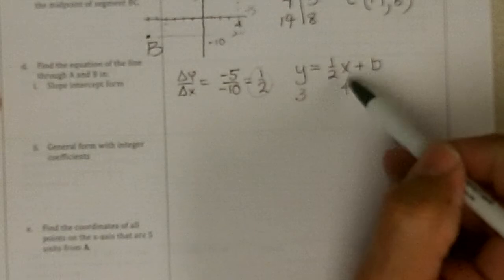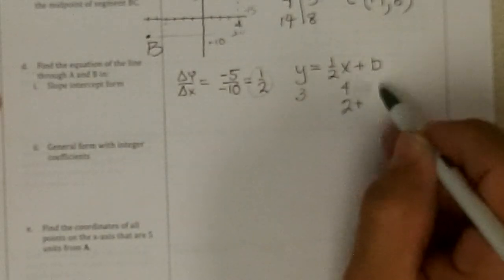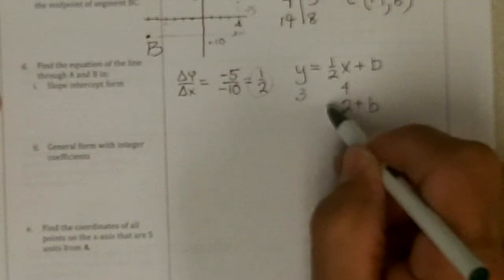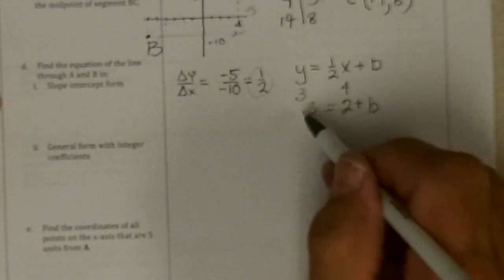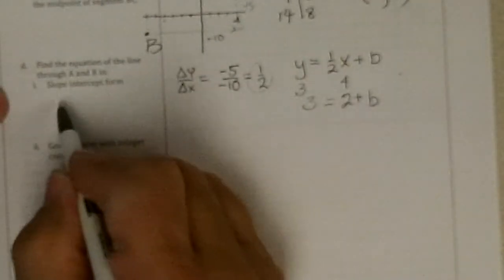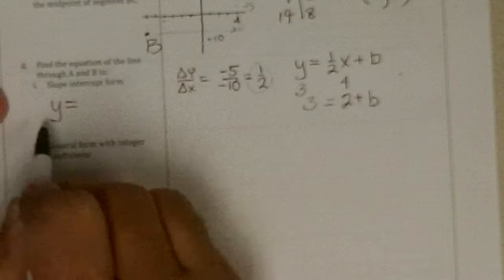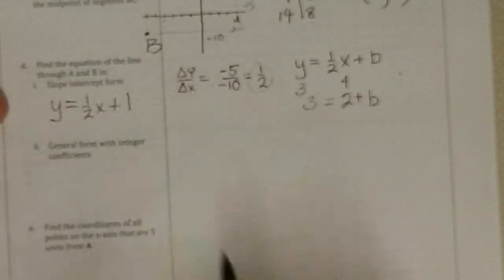So 1/2 times 4 is 2 plus b something. It's got to come out to be 3. So b would have to be, subtract 2 from both sides, 1. And so the equation in the slope-intercept form is y equals 1/2 x plus 1.